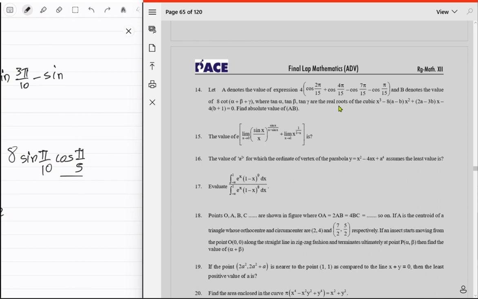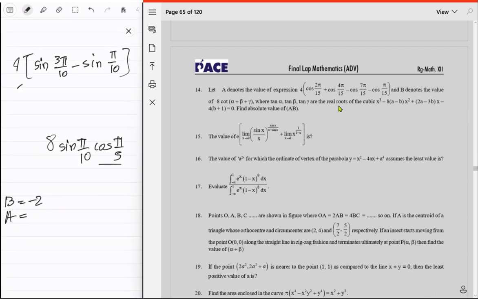Yeah, just okay, just negative sine of pi upon 10 जो भी है. This is the thing. And does this look like doable to anybody? No, it doesn't. Just leave it.